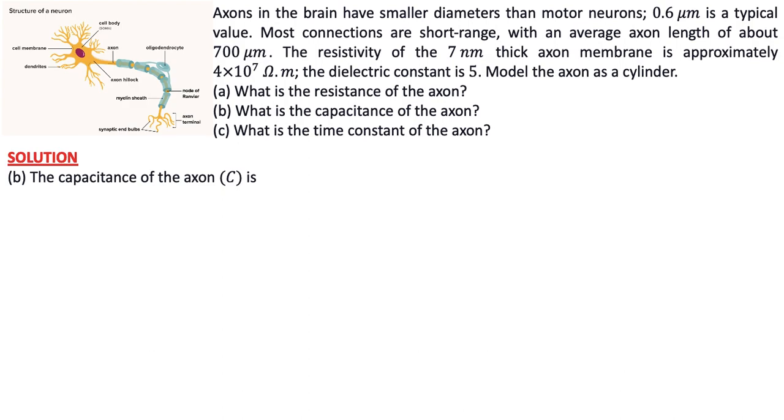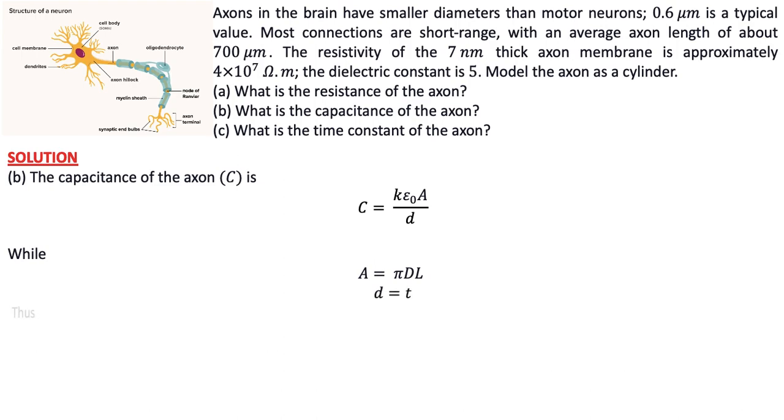Using the capacitance equation for a cylindrical parallel plate capacitor, the capacitance of the axon, C, is the dielectric constant times the permittivity of vacuum times the curved area of the cylinder over the distance between the plates, while the curved area of the cylinder is pi D L, and the distance between the plates represents the thickness of the axon membrane.